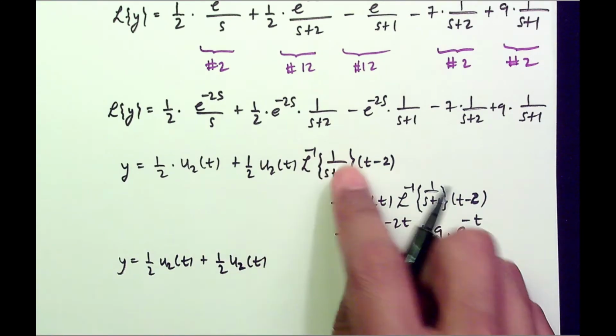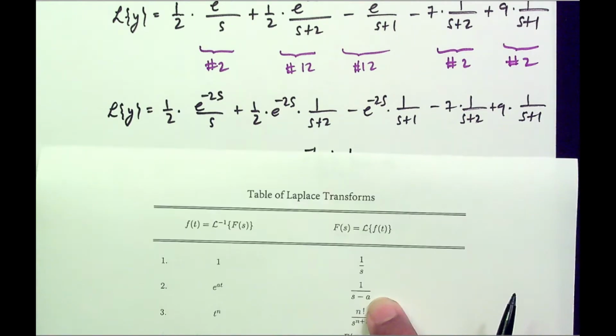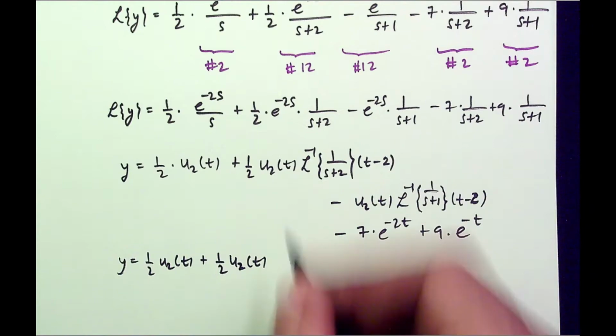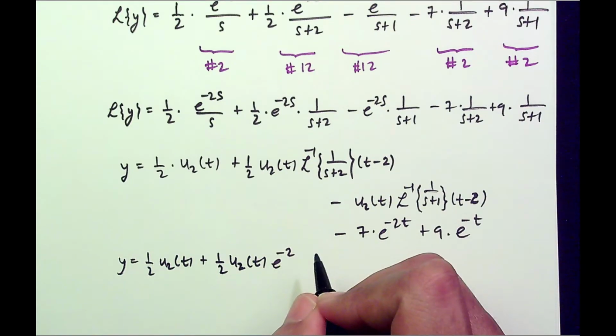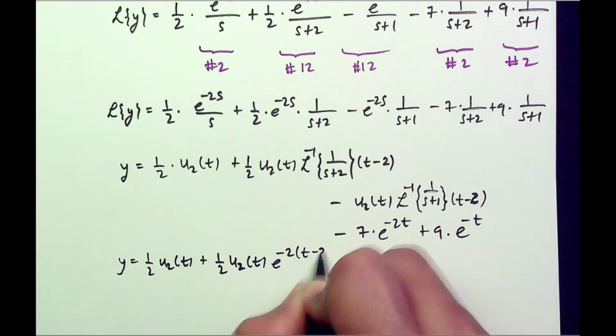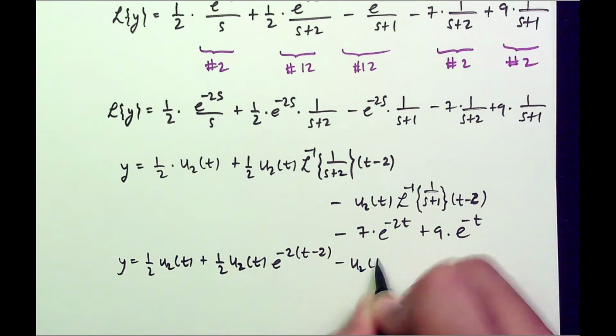The Laplace inverse of this is this one, a equals negative 2, so it is e to the negative 2t, but remember, it's not evaluated at t, it's evaluated at t minus 2. So t minus 2, then minus u2 t.